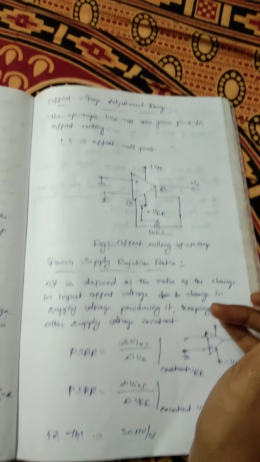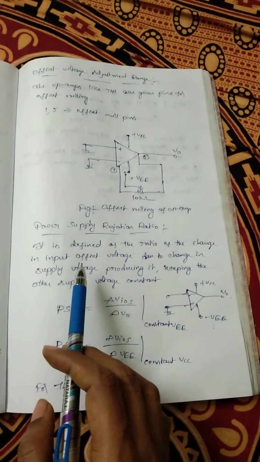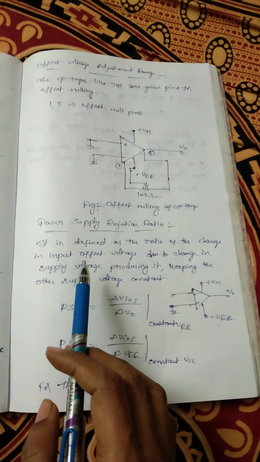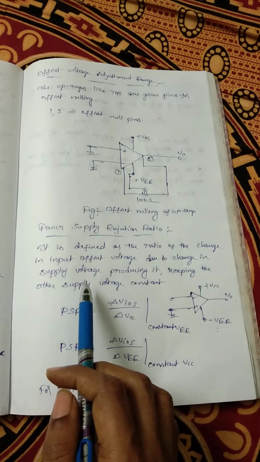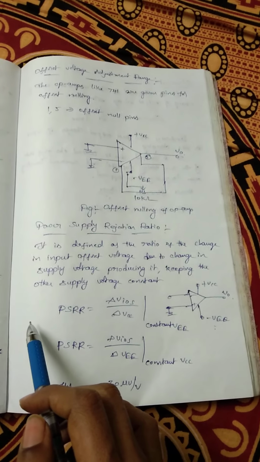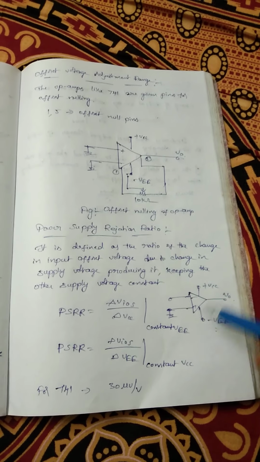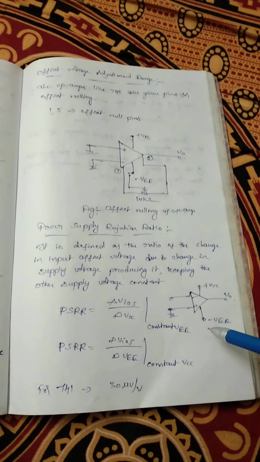And the next one is power supply rejection ratio. It is defined as the ratio of the change in the input offset voltage to the change in the supply voltage producing it, keeping the other supply voltage constant. We know the op amp consists of two supplies, one is plus VCC, another one is minus VEE.